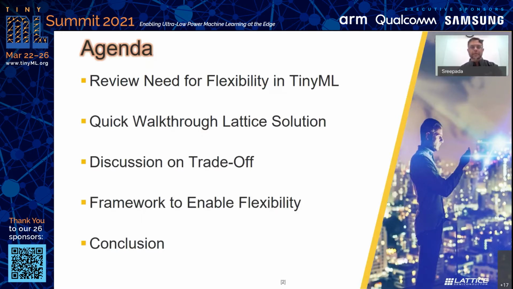And then we will quickly walk through the Lattice solution, and how we provide flexibility at each step. Then we will discuss some of the trade-offs that flexibility will provide. Flexibility and trade-off go hand in hand, so we will review some of those things. And then at the end, we will also review the framework that we provide to enable the flexibility.